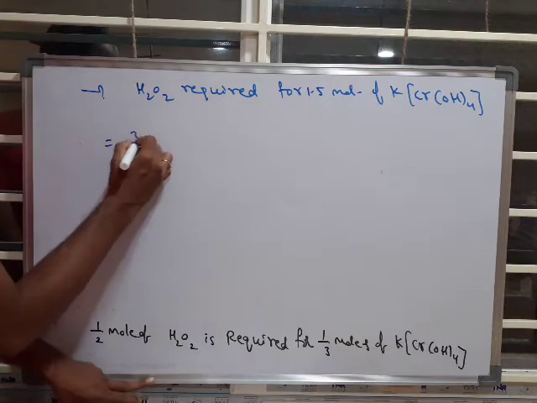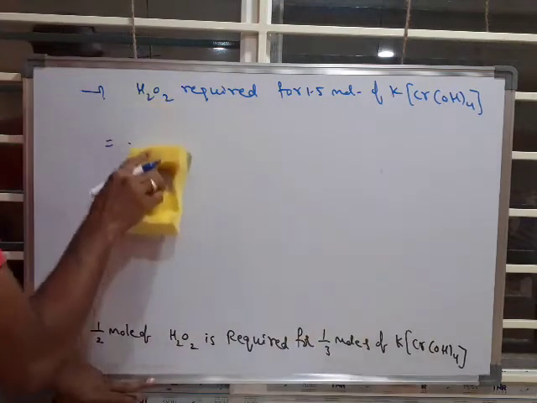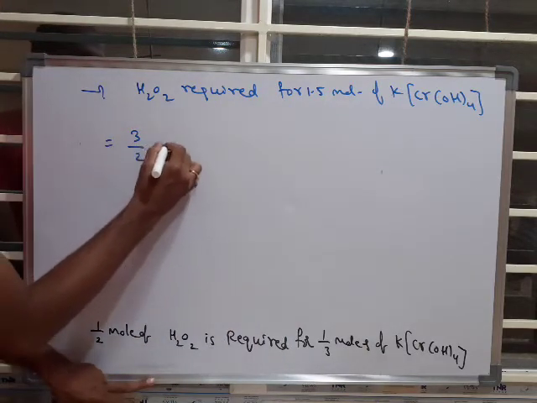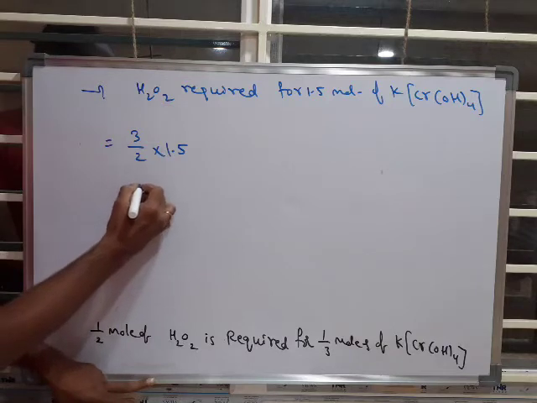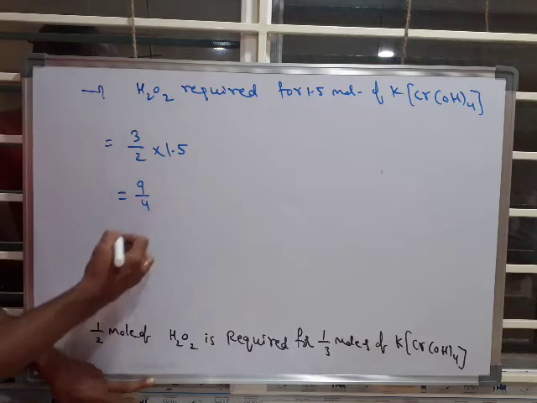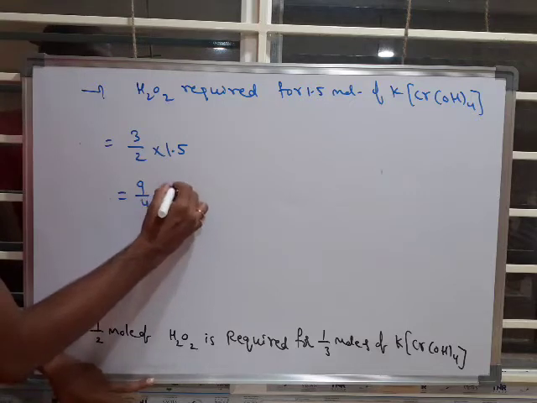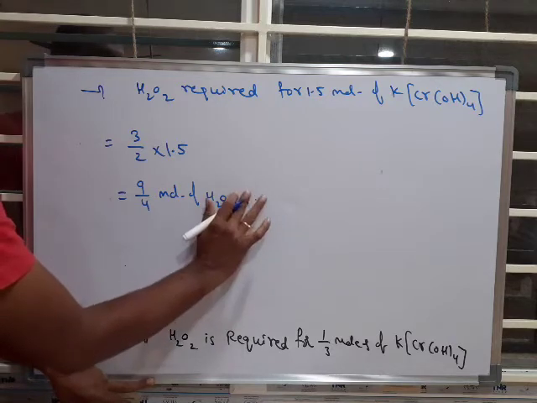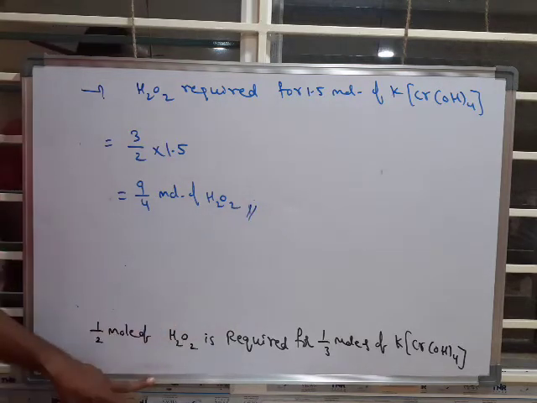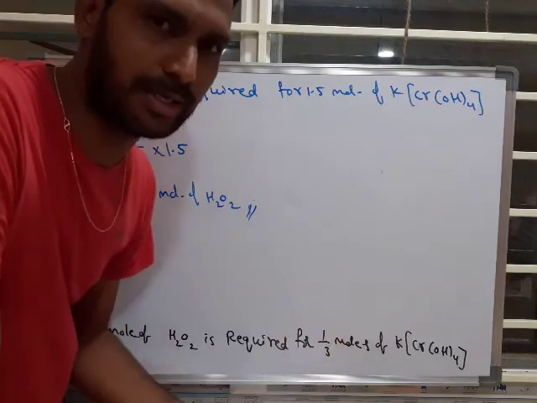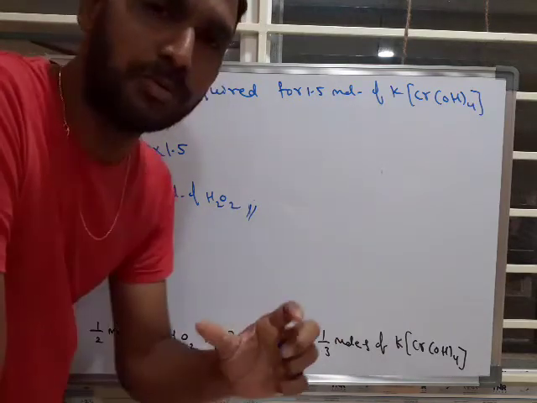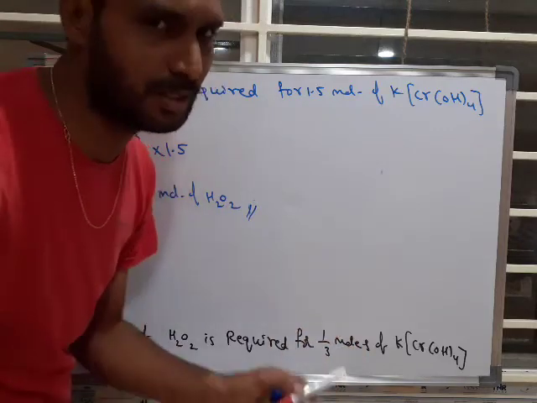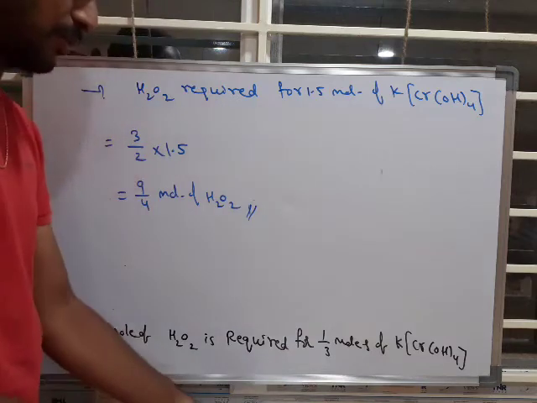On cross multiplication this is 9 by 4. So 9 by 4 moles of hydrogen peroxide is required to completely react with 1.5 moles of the potassium complex. Okay, so now we see one more problem.